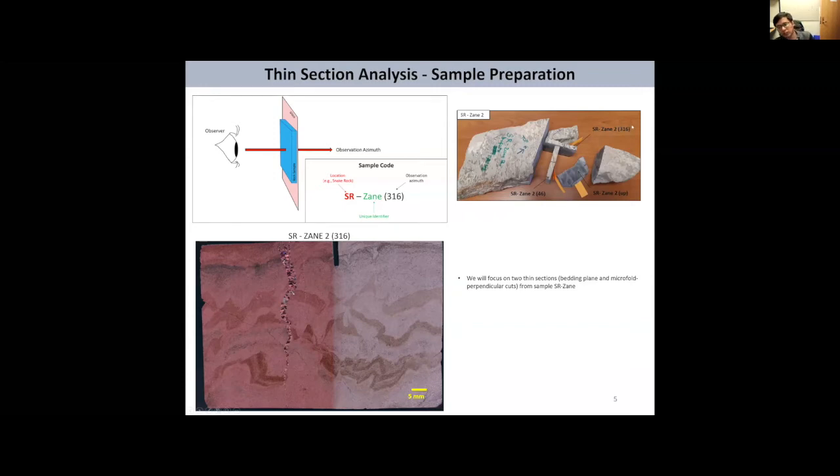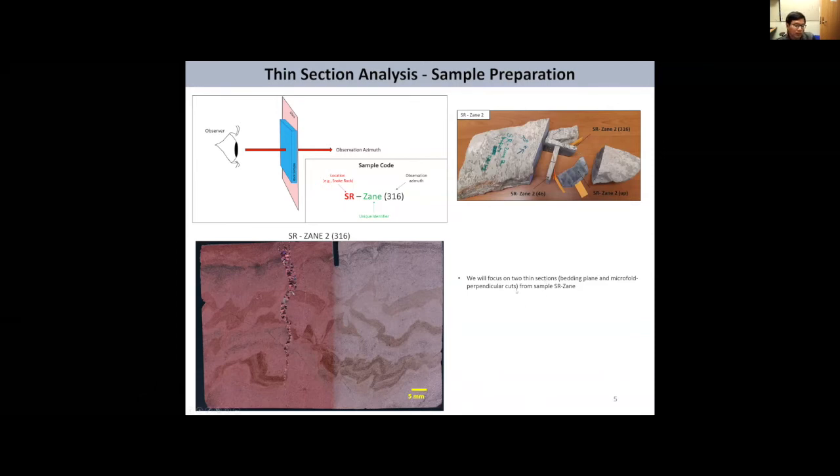For example, SR Zane 2 316 means that when we look under the microscope, we are looking in the direction of 316 degrees with respect to north. So we have a along-bedding plane cut, and then a cut parallel to the microstructure and a cut perpendicular to the strike of the microstructure. In this talk specifically, we will focus on this sample, SR Zane 2, the bedding plane cut and the cut perpendicular to the microstructure.